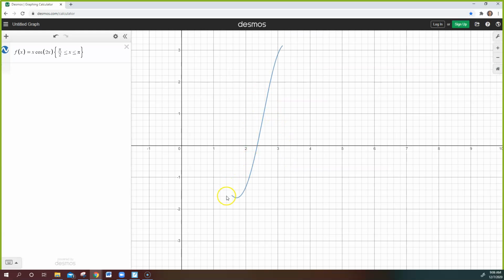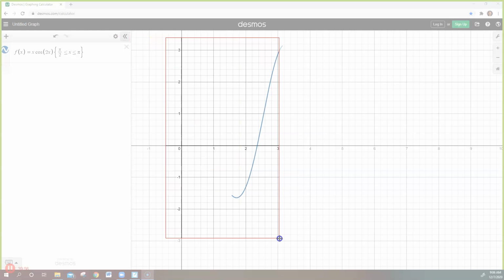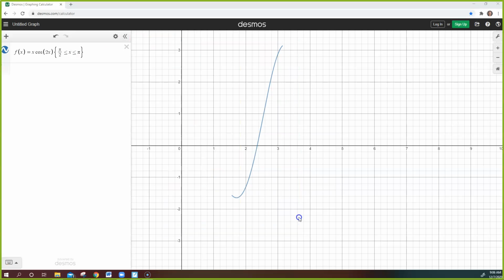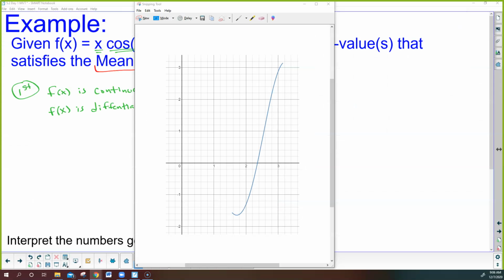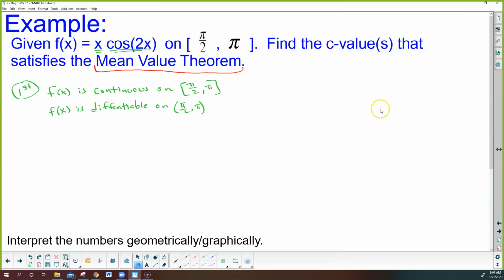Now, if I was to take this graph and draw a line from this endpoint to this endpoint, you could see the average rate of change, and you can probably guess that there's going to be a parallel line to this tangent here, and another one somewhere close to here. So my answers are going to be just over 2 and just below 3. What I'm going to do is take a little screenshot of this because we're going to need it later on. And I'll apply that in a second.